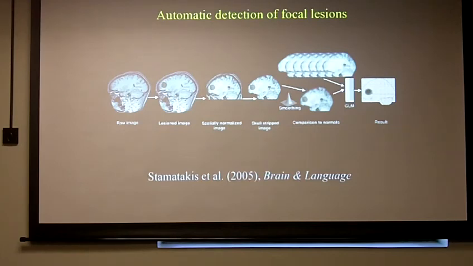So there's this new thing, ALI, an SPM toolbox which approaches this automatic lesion detection problem as a segmentation issue. They claim that it works well, so we should definitely check it out.